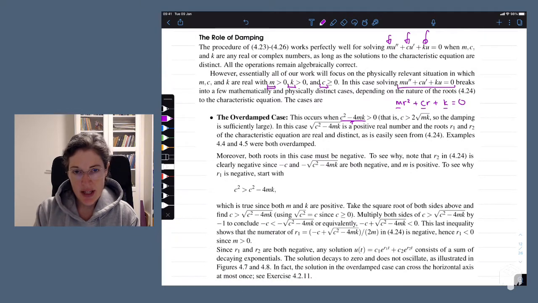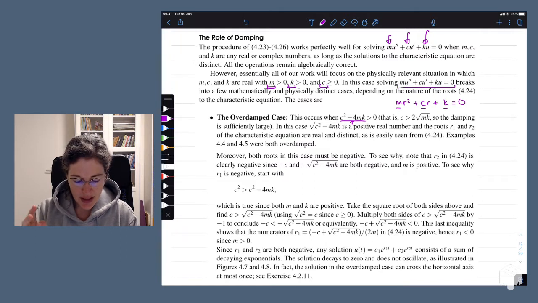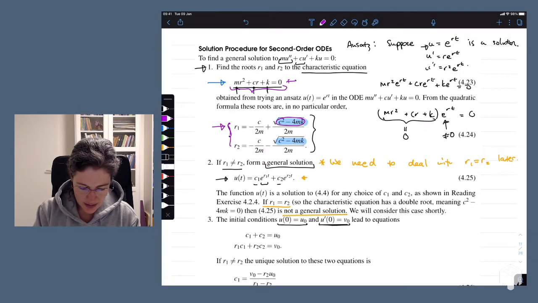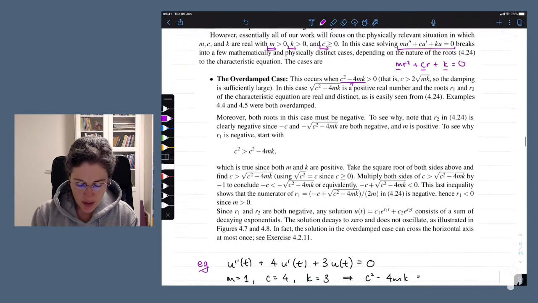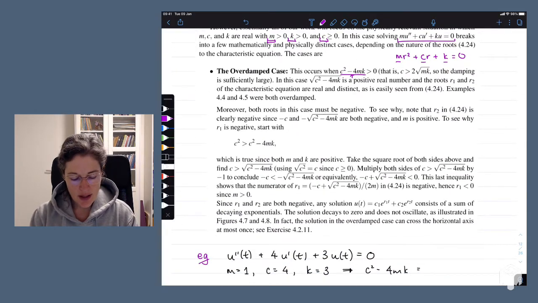Okay, so this means we're taking the square root of something positive, so that means that we must have real numbers for our roots r1 and r2, and they're going to be distinct. And you can check that if you go back and have a look at this equation here, which gives us our r1 and r2. But we can actually go a little bit further than that.